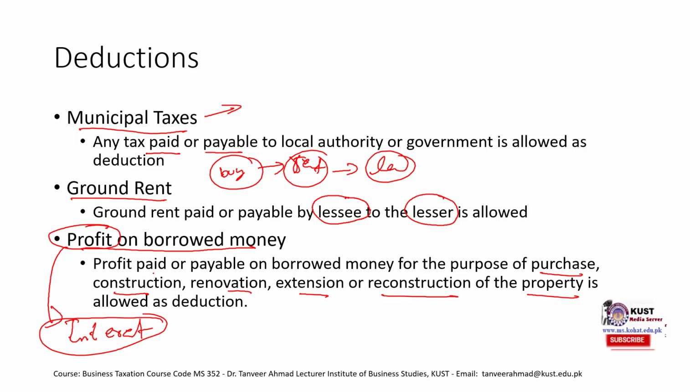Whether again that is for the construction, purchase, renovation. Let us say there is already a building and you are going to extend that building, you are going to construct certain more rooms or certain area, then again that interest on that specific loan is allowed as deduction.